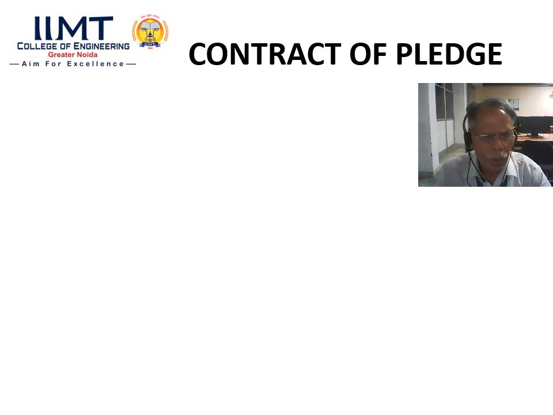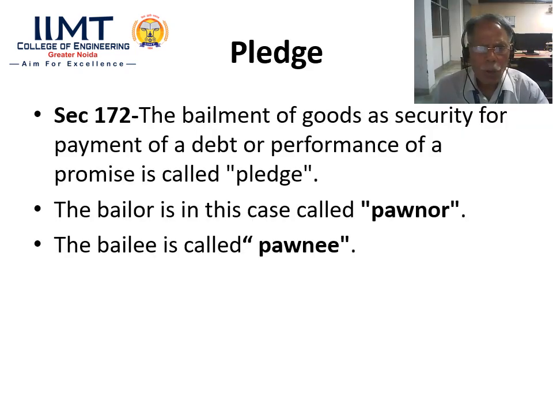Now let's see the second contract, that is the contract of pledge. Contract of pledge is a specific form of bailment, with a slight difference we'll discuss later. Under Section 172 of the Indian Contract Act 1872, the bailment of goods as security for payment of a debt or performance of a promise is called the pledge.